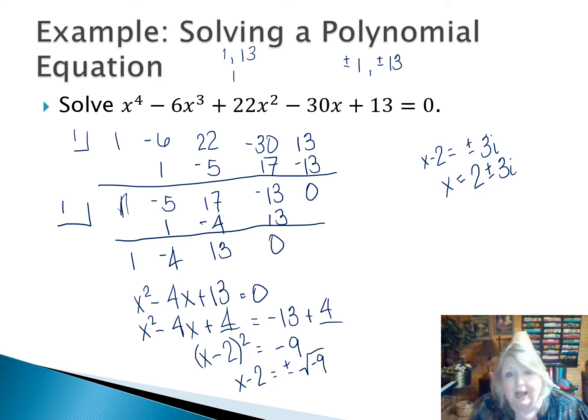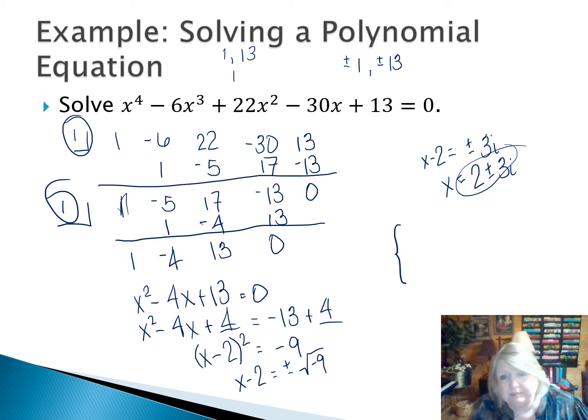So I have my 4 zeros. Here's 1, 2, 3, and 4, still kind of written together. So let me put them out. My zeros are 1, multiplicity 2, 2 minus 3i, and 2 plus 3i.